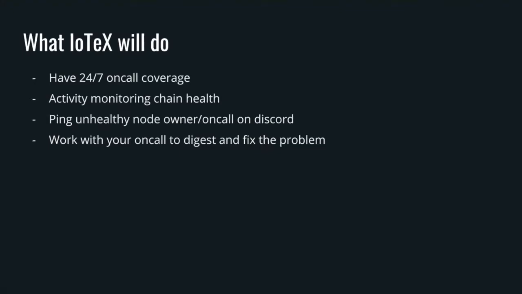We will ping unhealthy node owners. You may already see us doing that in the Discord. We'll tell you if we detect on our end that a node goes wrong. If that happens, we want to work with your on-call together to digest the problem and fix it.